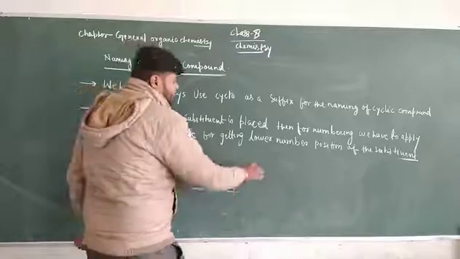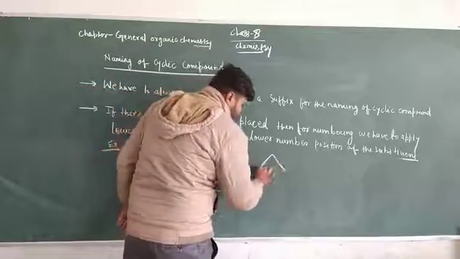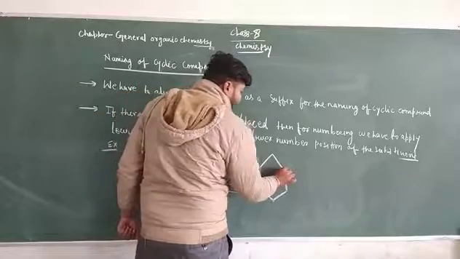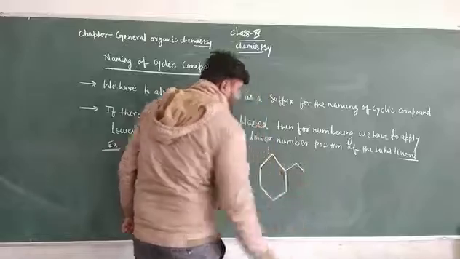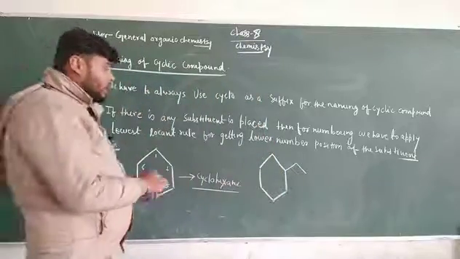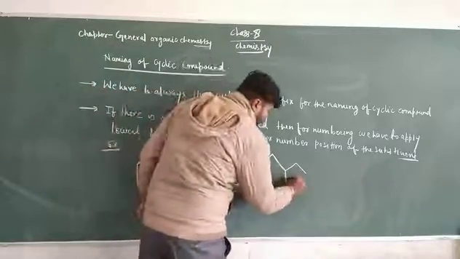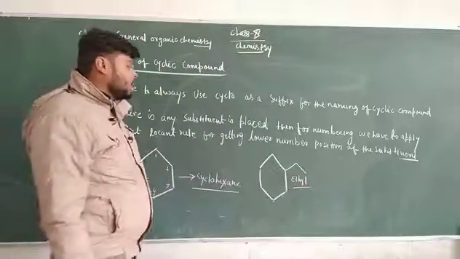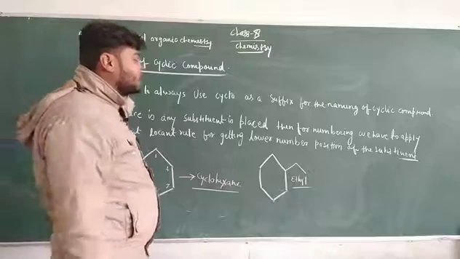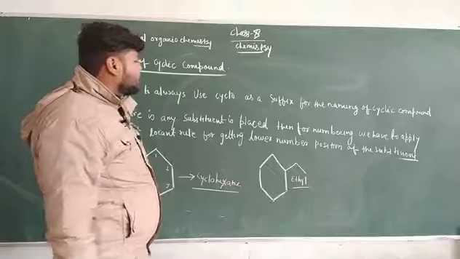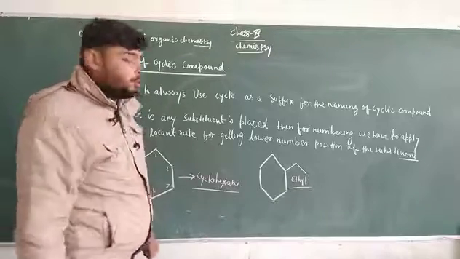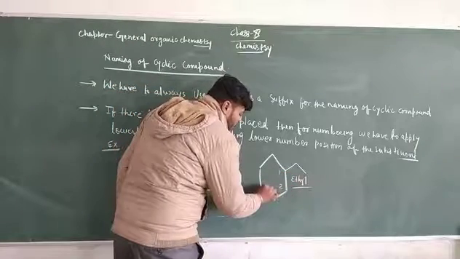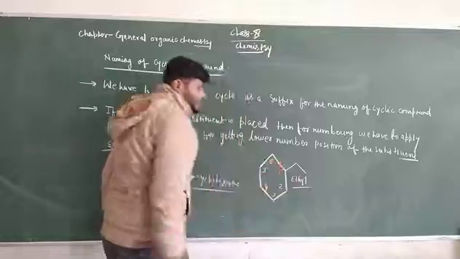Now we take another example like this. This is our other example, and there is a substituent attached like this. Our substituent is ethyl here. Now we have to put the naming for this. We have to apply the lowest locant rule, so we number 1, 2, 3, 4, 5 and 6.